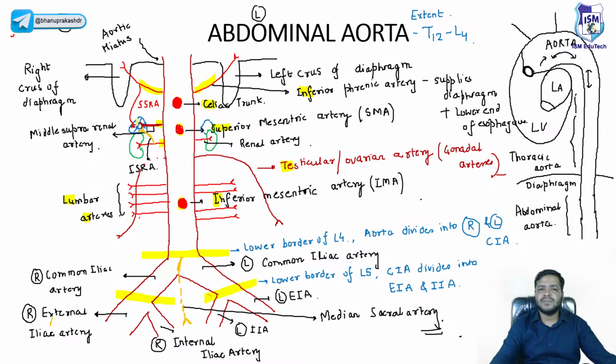So tomorrow I will be discussing the other branches, the celiac trunk, the superior mesenteric artery, and the inferior mesenteric artery in detail, guys. When I say in detail, I will draw huge, big diagrams for you, like what we have discussed today, right? So I want every one of you to attend the session at 5 p.m. tomorrow in the evening with full energy. I hope everyone is maintaining a notebook.